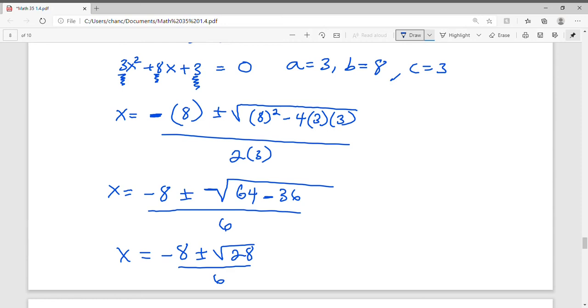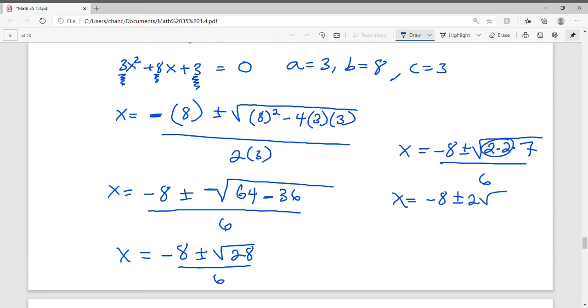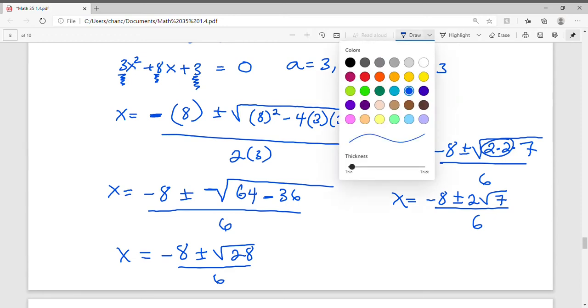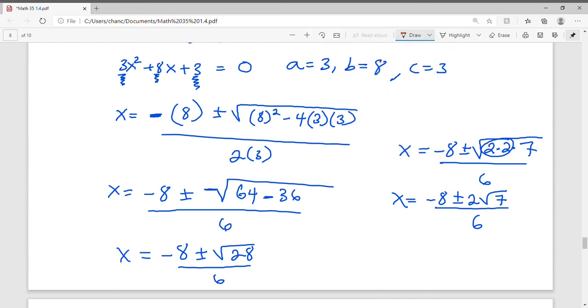Simplify the radical first. I have x equals -8 plus or minus the square root. I know 28 is 2 times 2 times 7. So let's take out that 2 to the front of the radical. We have x equals -8 plus or minus 2 root 7 all over 6. This is not a good enough answer. Look at it carefully.